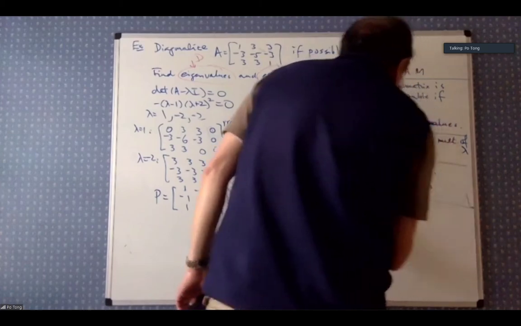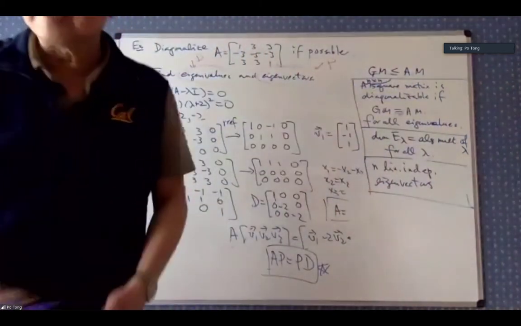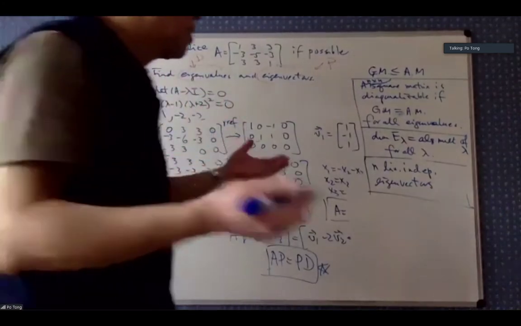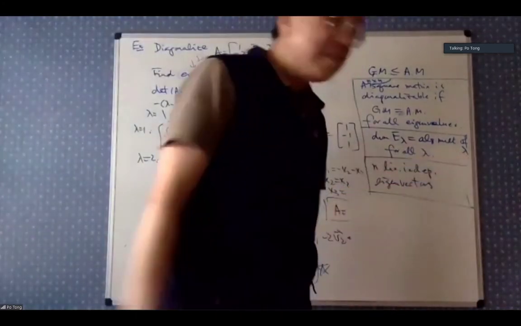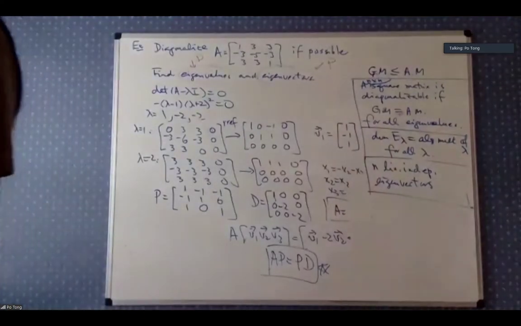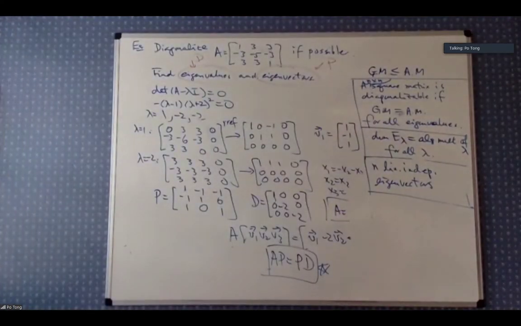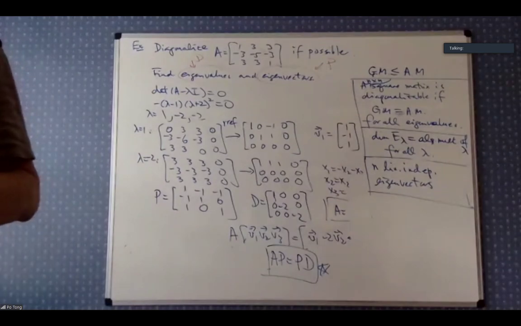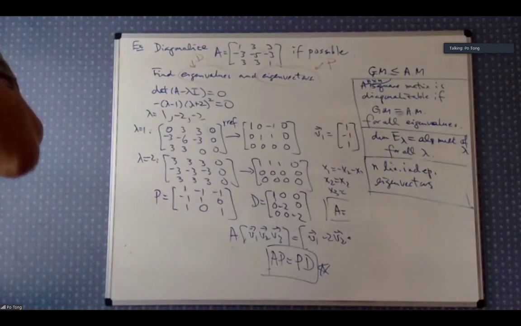Okay? All these are essentially talking about the same thing. So if you have enough linearly independent eigenvectors, then it's diagonalizable, otherwise it's not. Are we kind of okay?